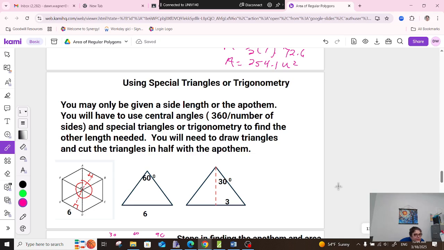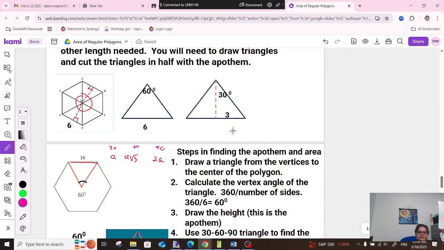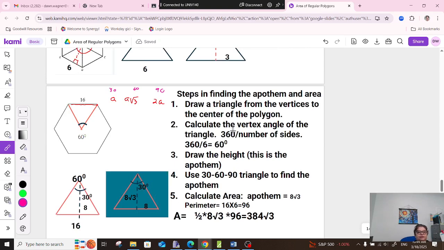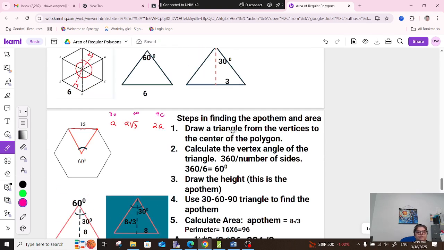I'm going to walk you through the steps. I think you have these steps all typed out for you, because I am that kind of a teacher. And I'm going to show you how to do this one.